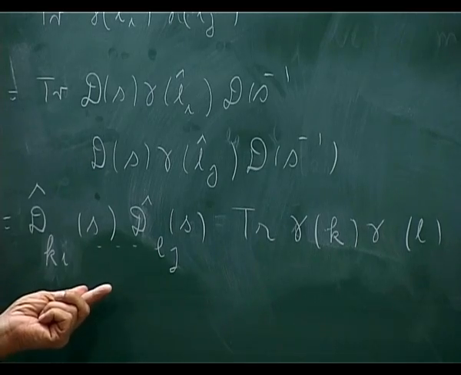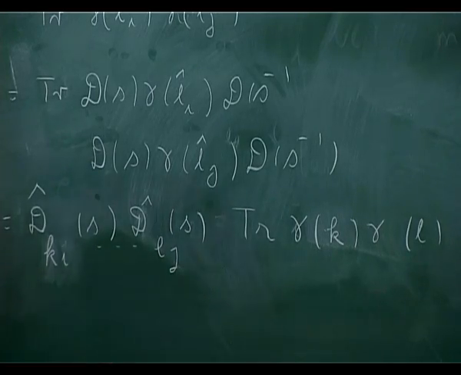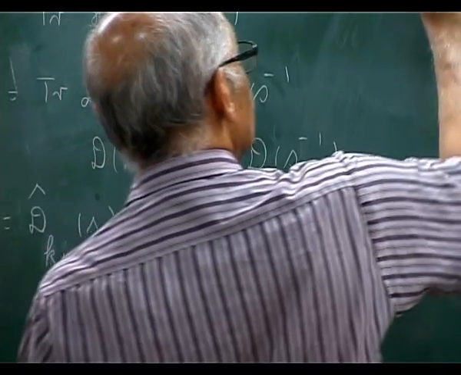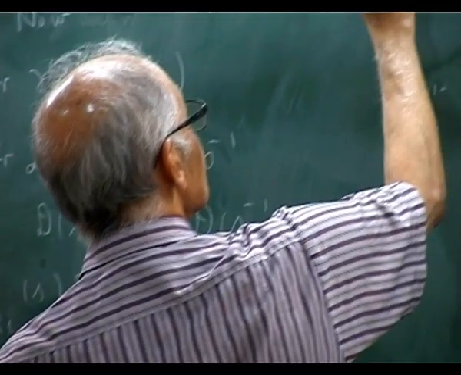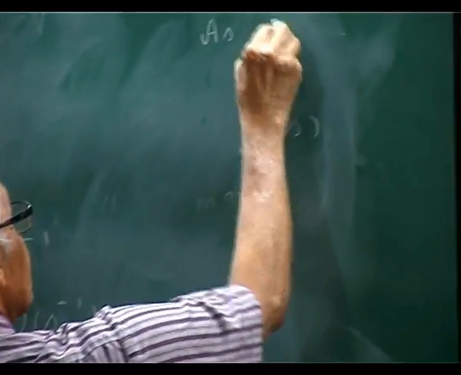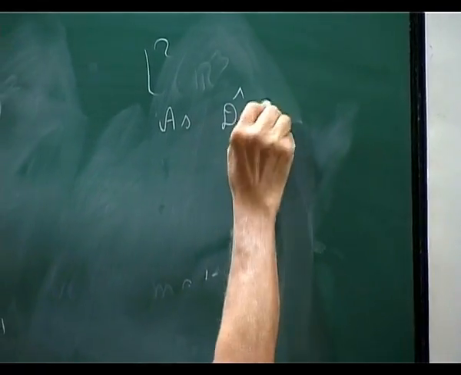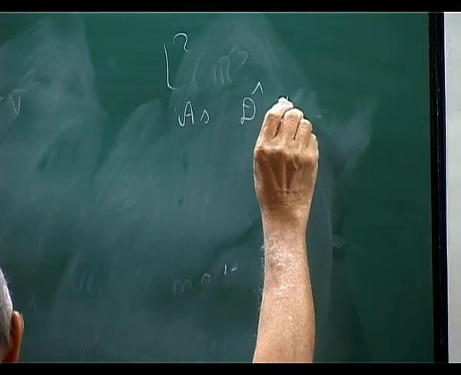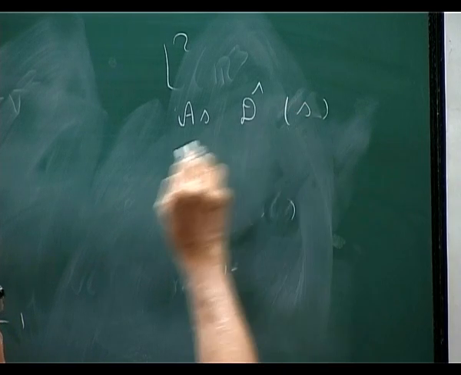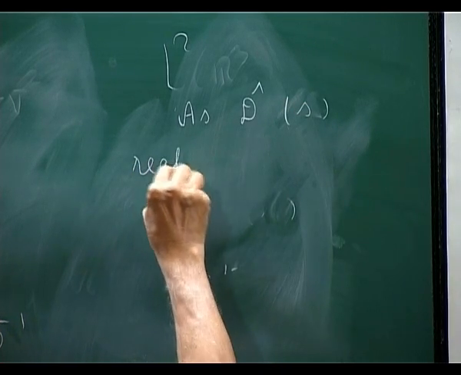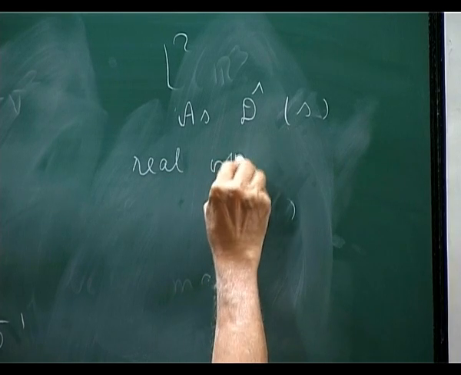But this is real orthogonal. So this says d hat of S is real orthogonal. What do I say?